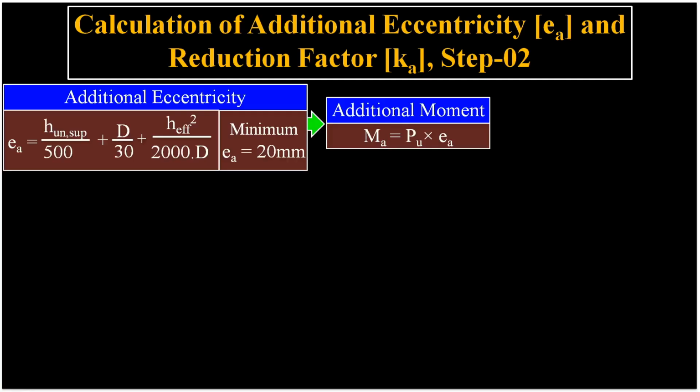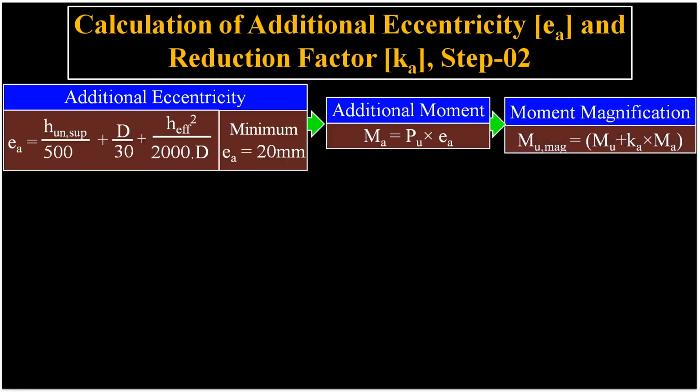Here Pu is our factored axial load on the column. Moment magnification, MU mag. Now, we are seeing the formula for moment magnification, and the formula is MU mag equals MU plus Ka times MA.